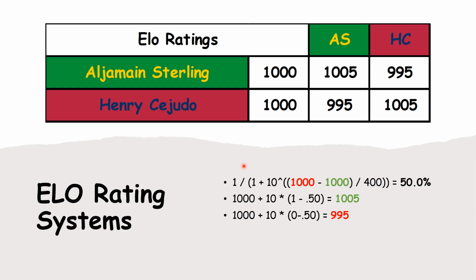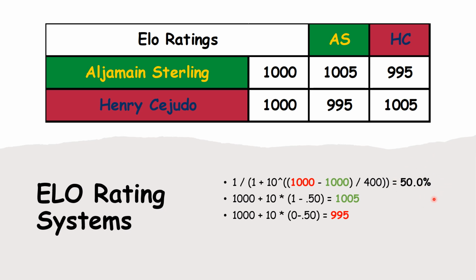So by finding the expected result, we had to do our 1 divided by parentheses 1 plus 10 to the power of 1000 for Henry Cejudo minus 1000 for Aljamain Sterling, you would divide that by 400. This gives you 50% because since they're even, it's a 50-50 chance of each fighter winning. That's what that's representing.